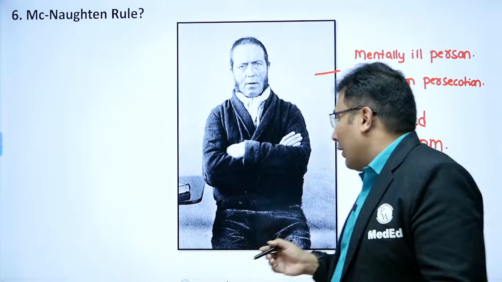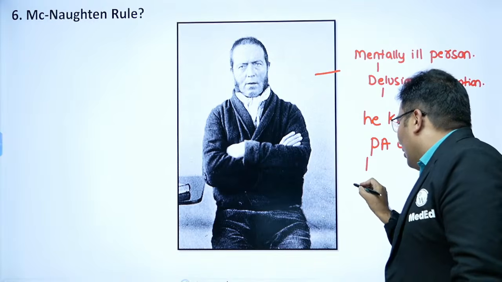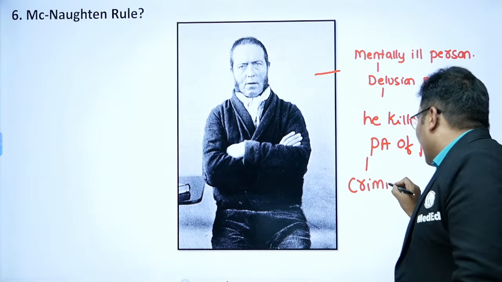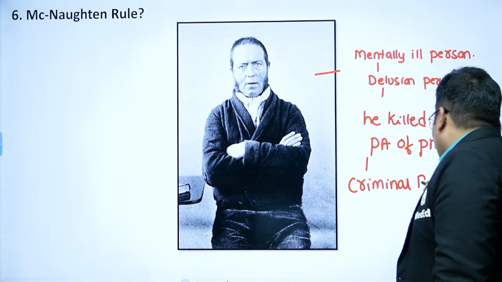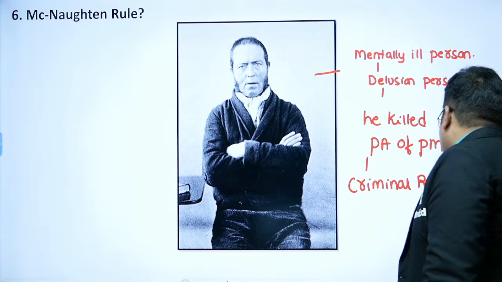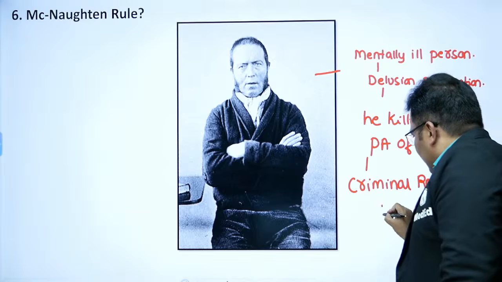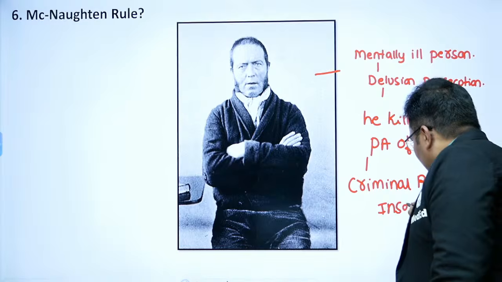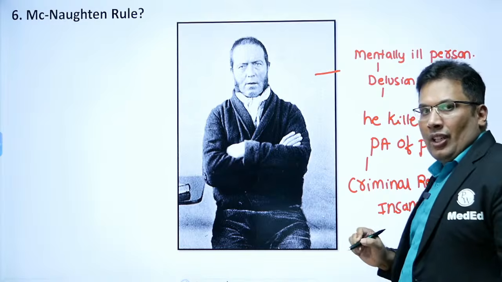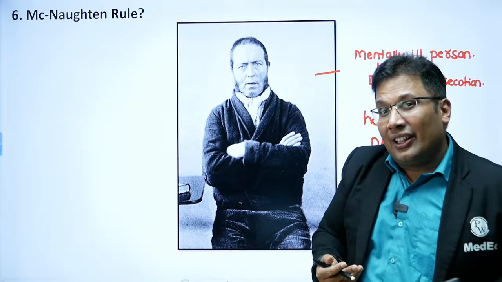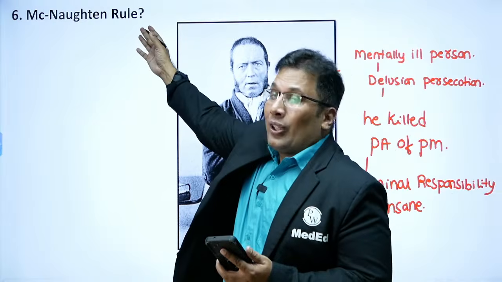After that, the court acquitted him, and that is known as criminal responsibility of the insane. An insane person doesn't have any criminal responsibility. That is nothing but McNaughton's rule.